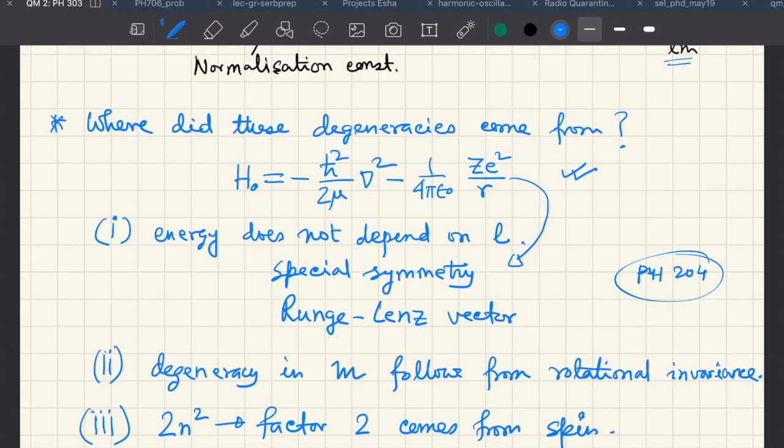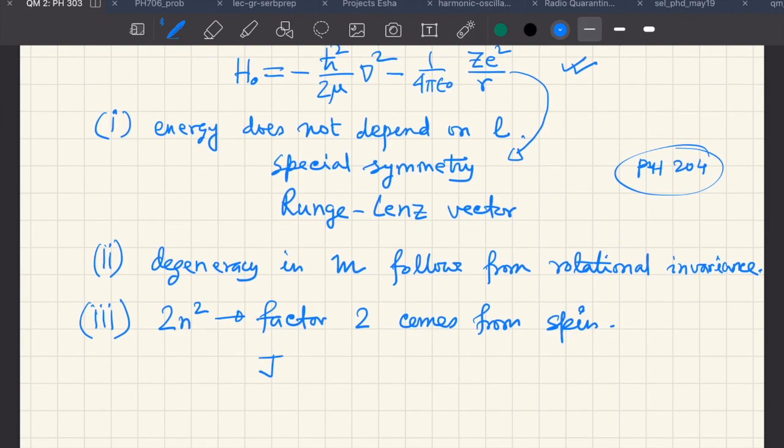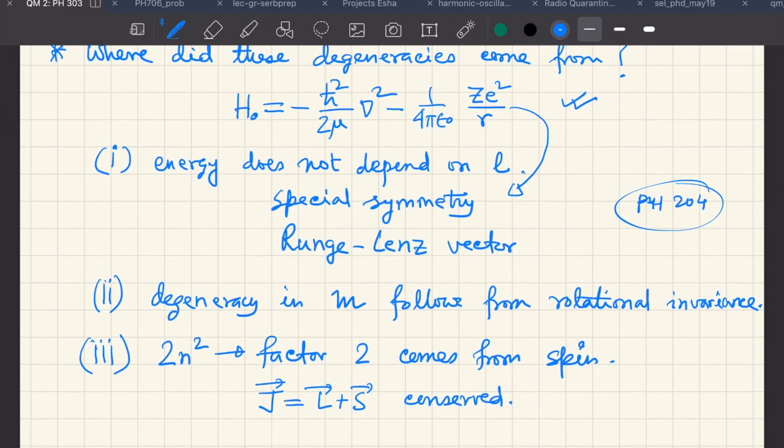Spin is just another form of angular momentum. The only thing that is really conserved for this whole system is the total angular momentum, which is J equal to L plus S. Total angular momentum is conserved, not the spin alone. So any addition to this H naught which recognizes that only J is conserved will lift this degeneracy.